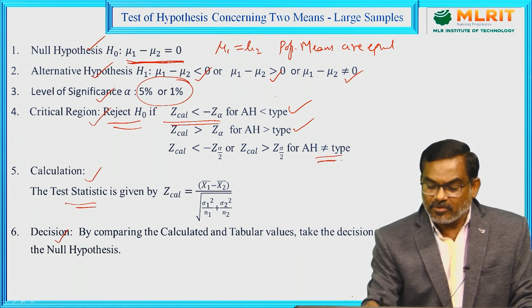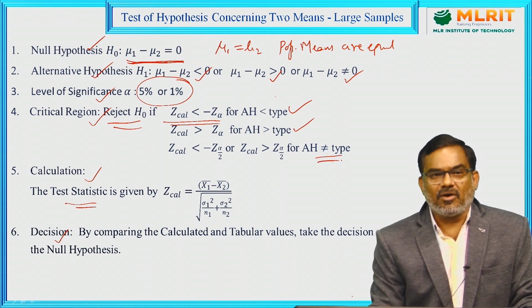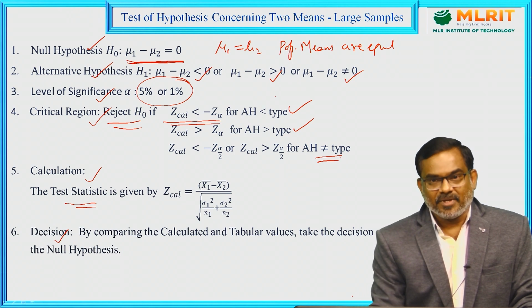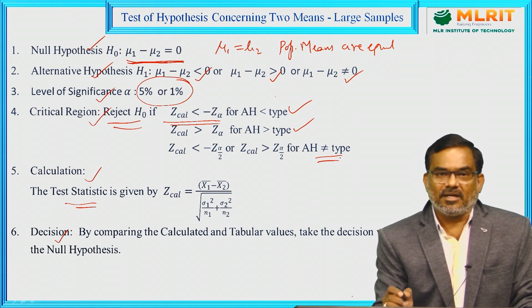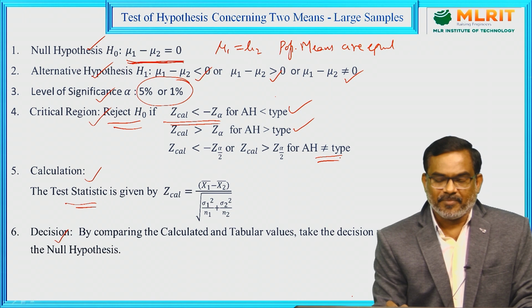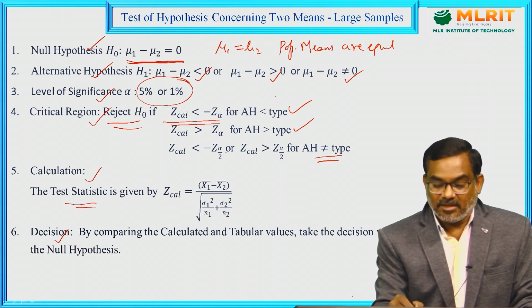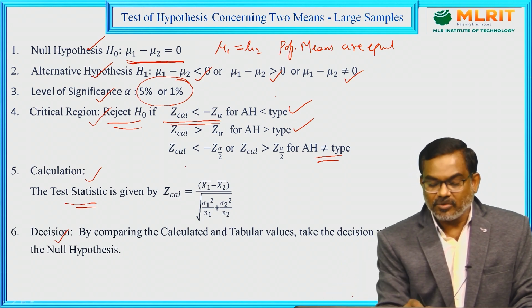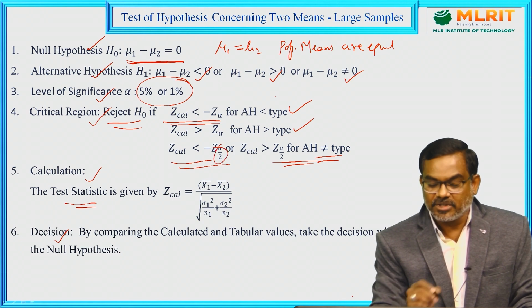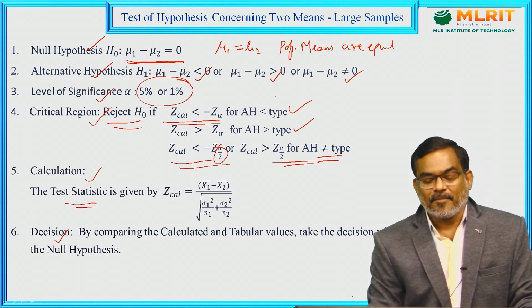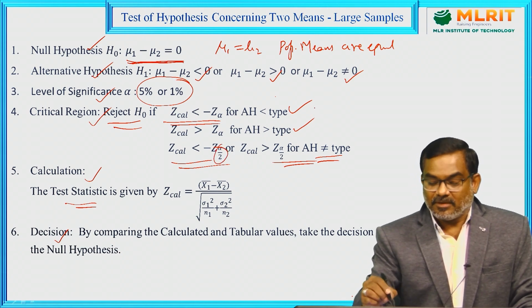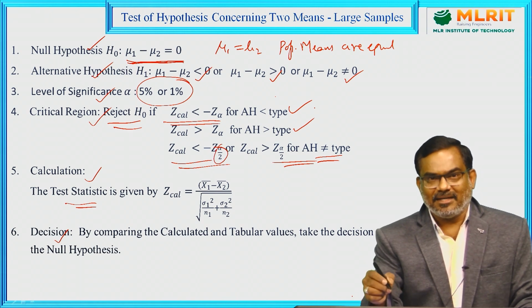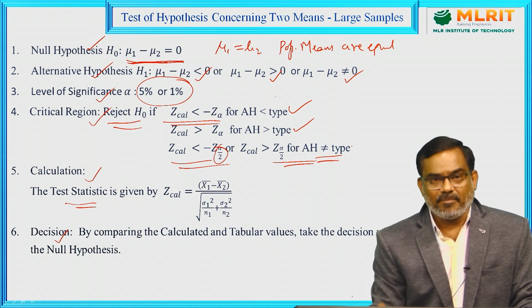And in not equal to type, the test is called a two-tailed test. The critical region lies on both tails of the distribution. So alpha by 2 area lies on the left side, and alpha by 2 area lies on the right side. That is why in not equal to type there will be two conditions, and we have to use this alpha by 2. In a one tail test, the level of significance or the region is alpha, whereas in a two tail test it is alpha by 2.